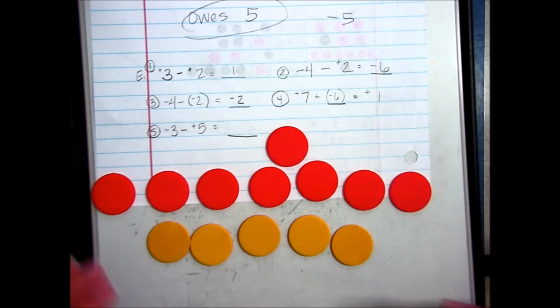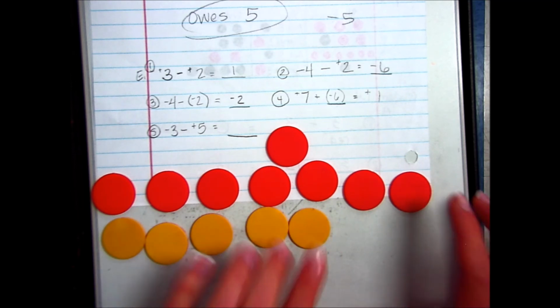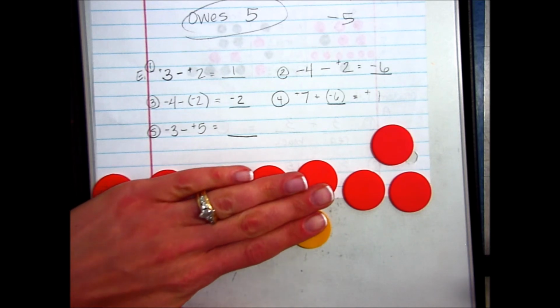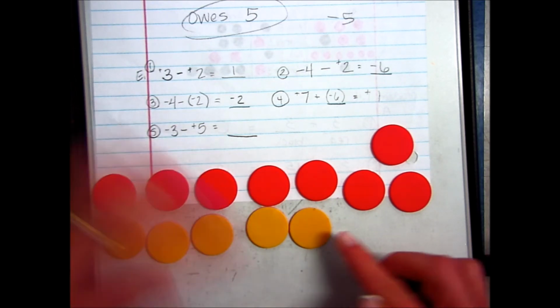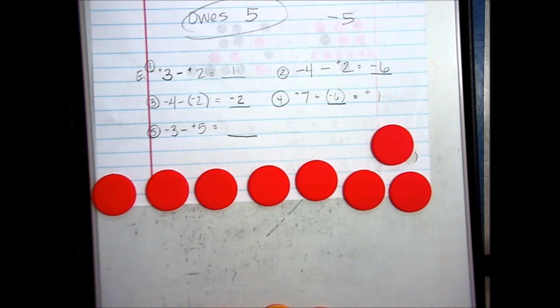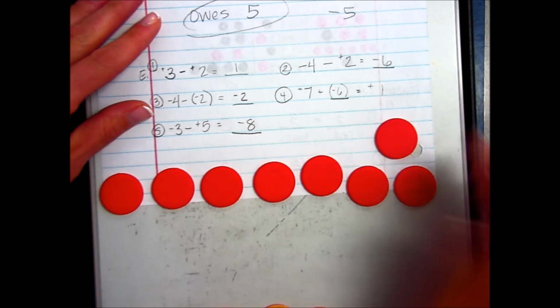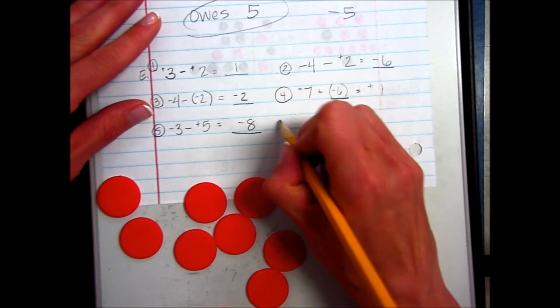All right, so now line them up, cancel. Oh, I don't need to cancel that. I need to take away my +5. So I'm left with -8. All right, number 6.